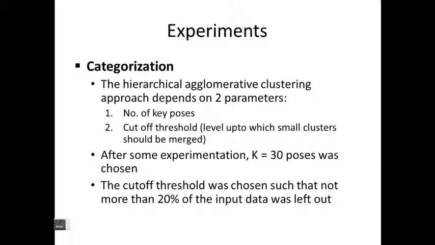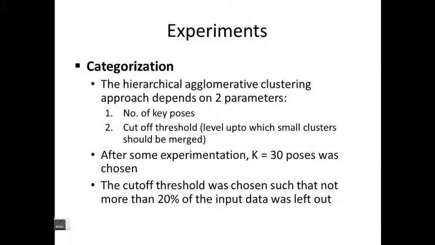With respect to categorization, the hierarchical agglomerative clustering approach actually depends on two parameters. The first one is obviously the number of key poses that you use. If you recall, this is the number of clusters that we had when we created this dictionary of actions.